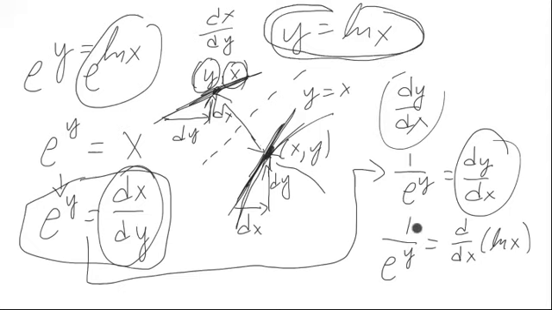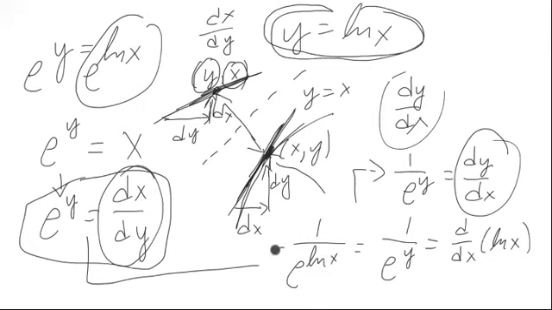So now what if we want to write this in terms of x? Well, we already know what y is in terms of x. It's natural log x. So let's just put it right in. And we end up getting 1 over e to the natural log x.